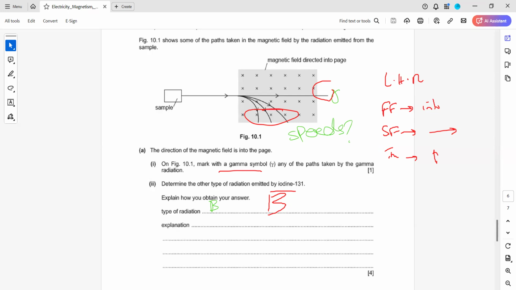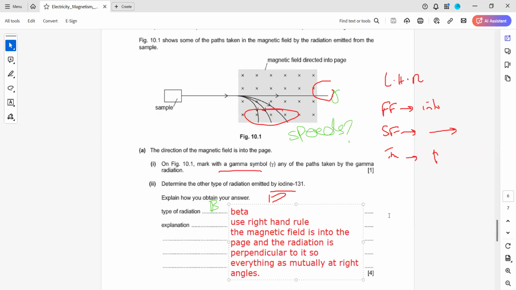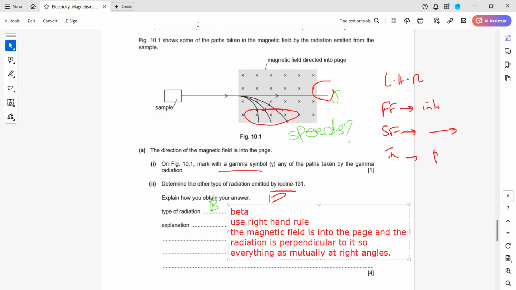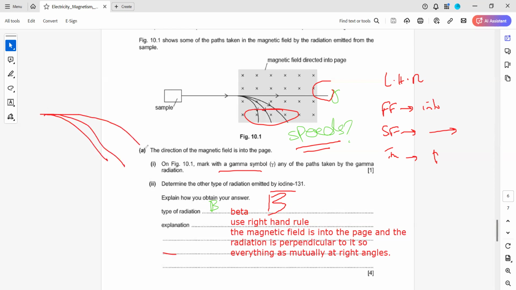One more important point you will mention is why they take different trajectories even though all of them are beta: because they have different speeds or different momentums. The direction of the curvature is the same, but the amount of curvature, or amount of deviation, is different. You can mention that point.